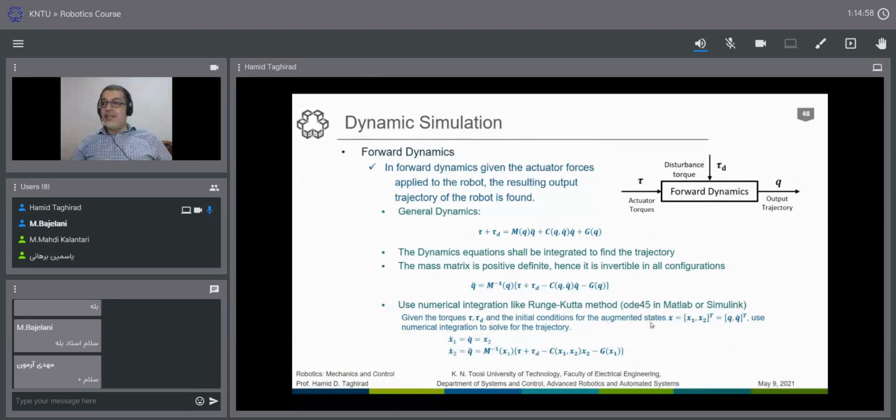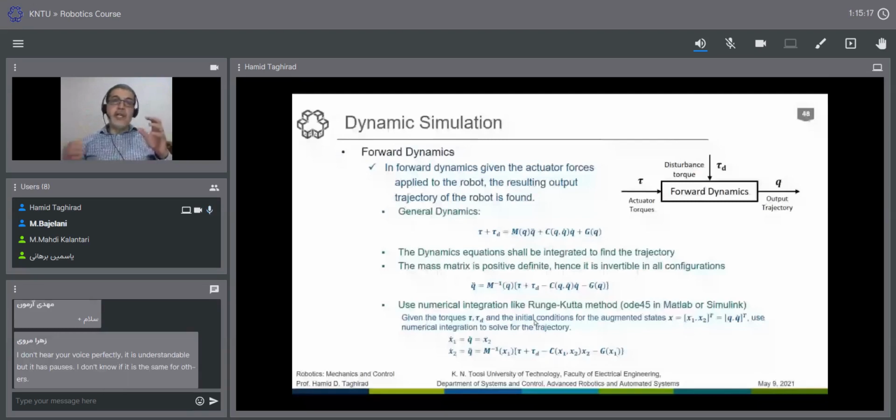You give the torques, the input torques and the disturbance torques. You give the initial condition, where the robot is located in the space, then it will integrate step by step and find the motion. You have a motion for the system.